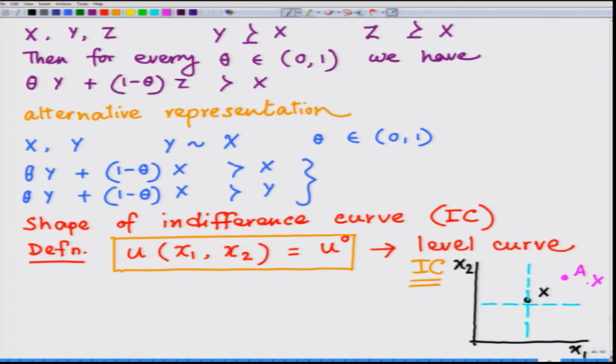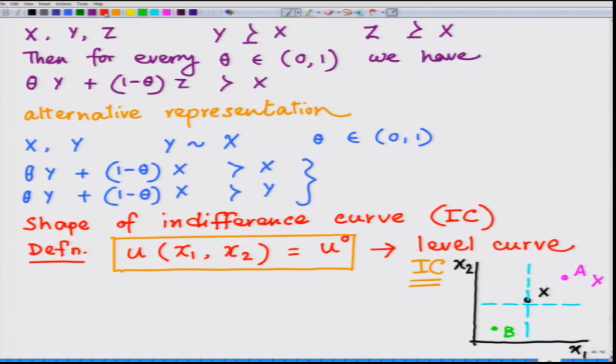Now, let us take another point, say point B or commodity bundle B. In this commodity bundle B, both of these commodities have fewer units compared to the initial bundle x. That is why x is strictly preferred over B. So, there is no way point B can be on the indifference curve.